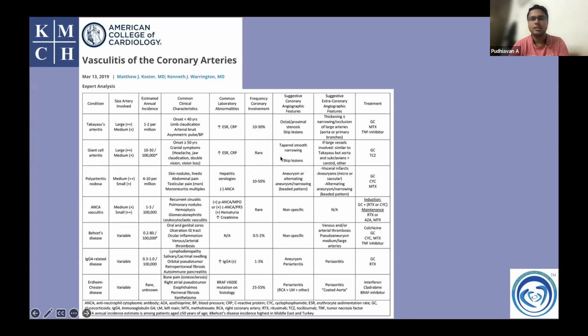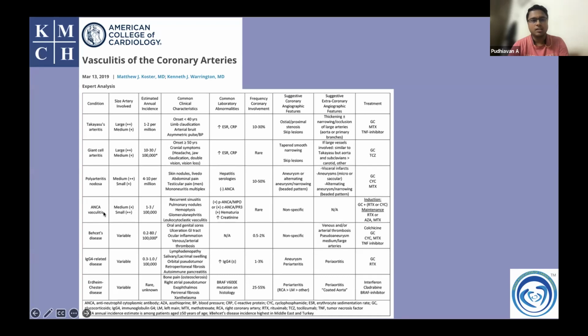Giant cell arteritis again can involve the entire vessel, or it can also present with skip lesions, and it also has a propensity to involve the larger vessels. Polyarteritis nodosa again can present with other visceral organ involvement. It presents with alternating aneurysms and areas of stenosis, giving the classical beaded appearance.